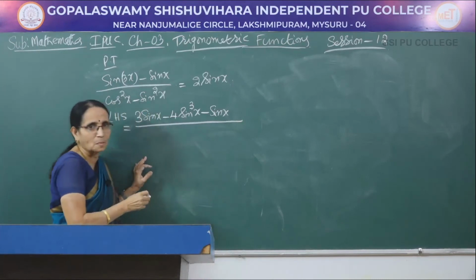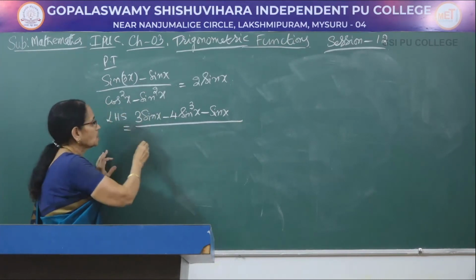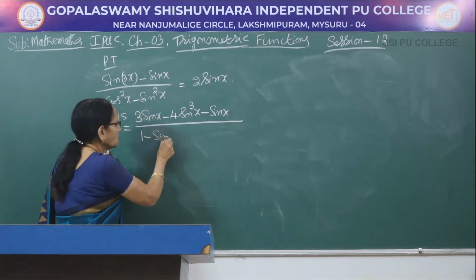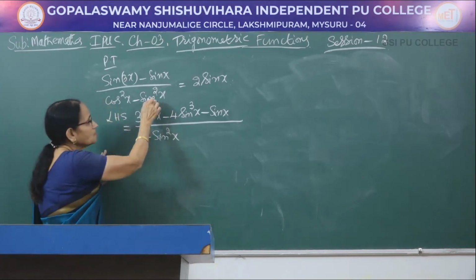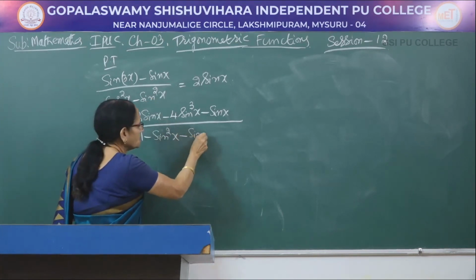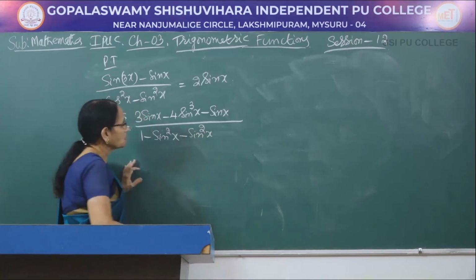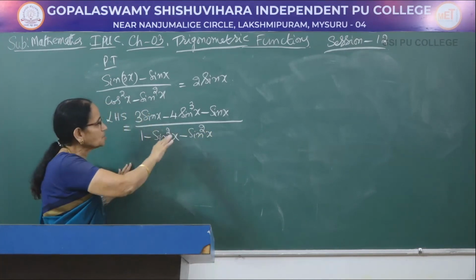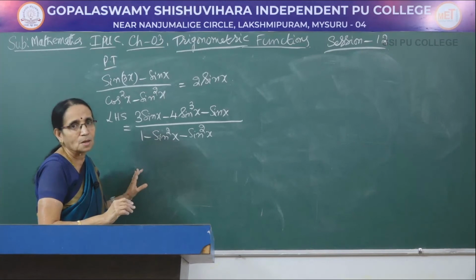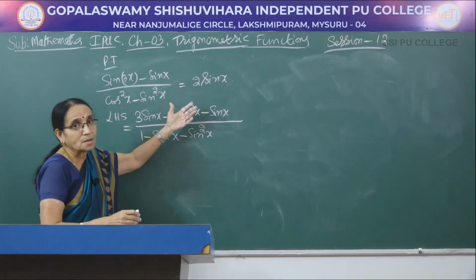Whole thing divided by, now, cos square x, you write it as 1 minus sin square x. This minus sin square x, write it as it is. You observe, everything is in terms of the sin function. So, we can get the right hand side.